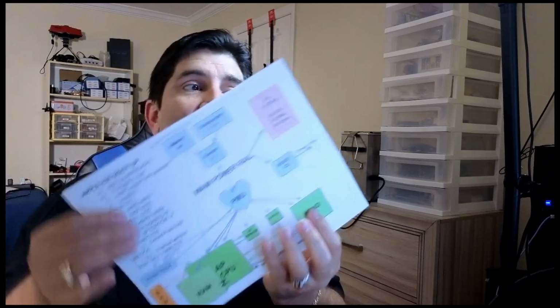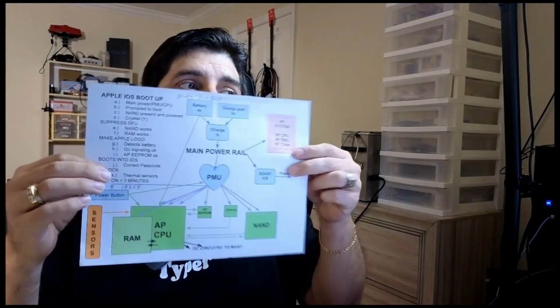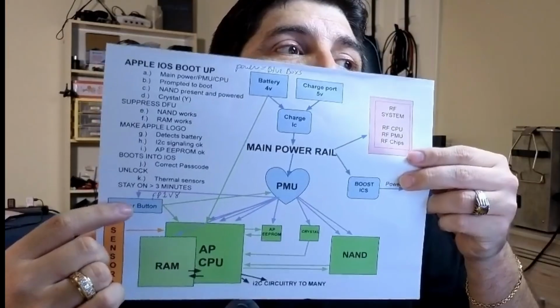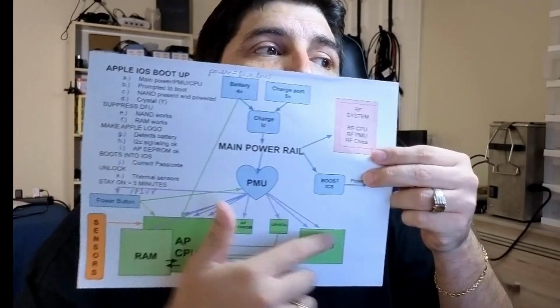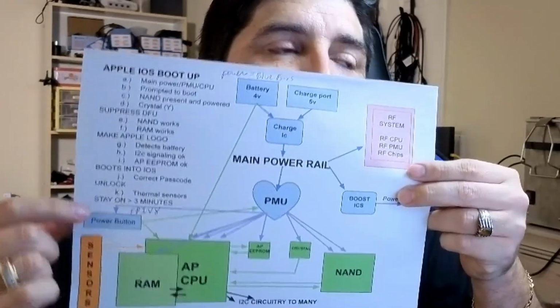So remember, data is ones and zeros. If we want to communicate with something, we can use grounds to produce zeros, and we can use voltages to produce ones. So if we're designing some kind of chip, we need the power button to be able to wake up the rest of the system when we push the button and ground it.